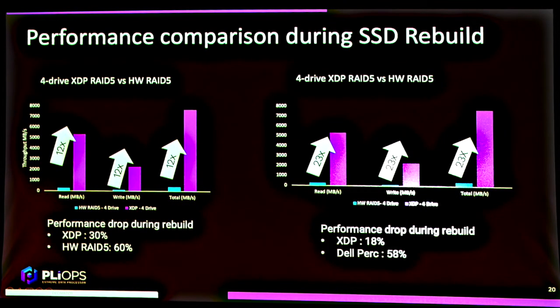Again, this is a little high level; these are additional details on what happens to performance during the rebuild. The hardware RAID also provides resiliency because it can tolerate this, but for performance during the rebuild, if you have any quality of service SLAs, this is where we help provide even performance during the rebuild compared to the hardware RAID typically used in the data center. The normal operation is 11x.